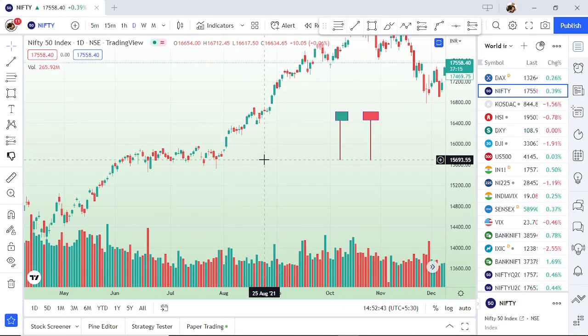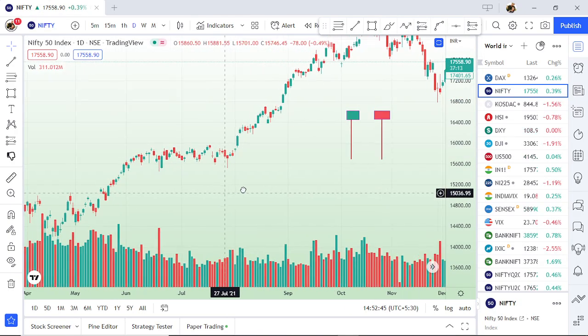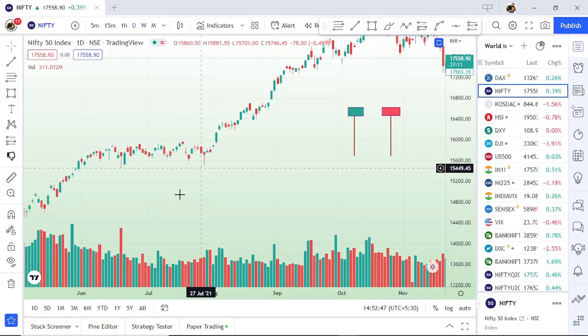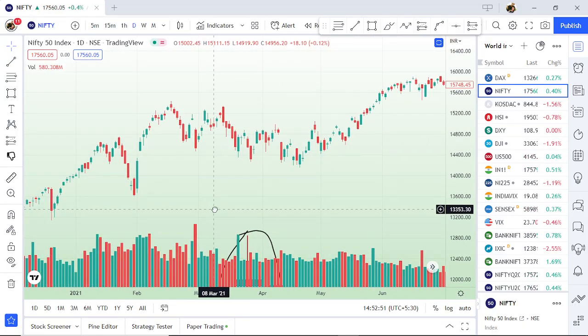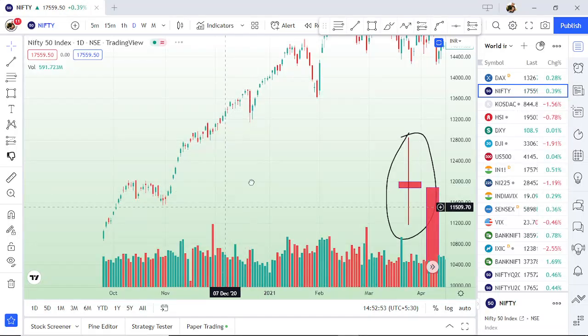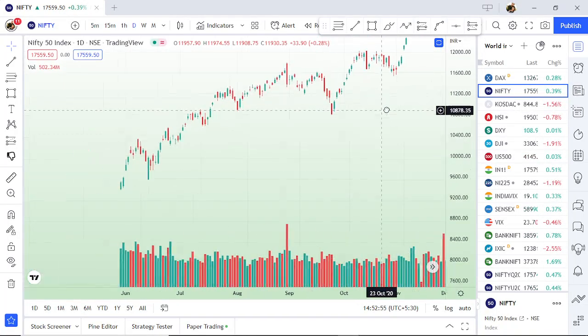So let's look at some examples here. We can see a hammer here, right? But this is not a clear downtrend, so I'll look for a very good example so that you understand it better.